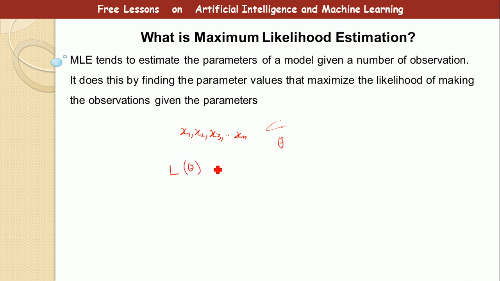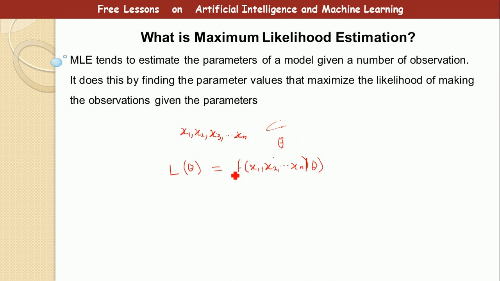It will be a function of the samples given the parameter.